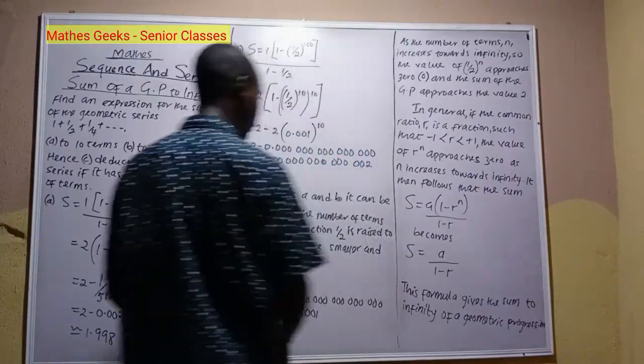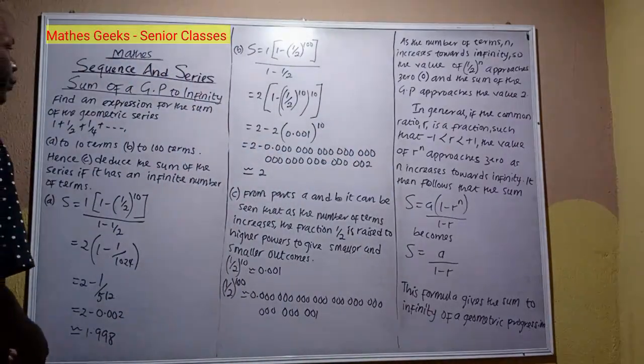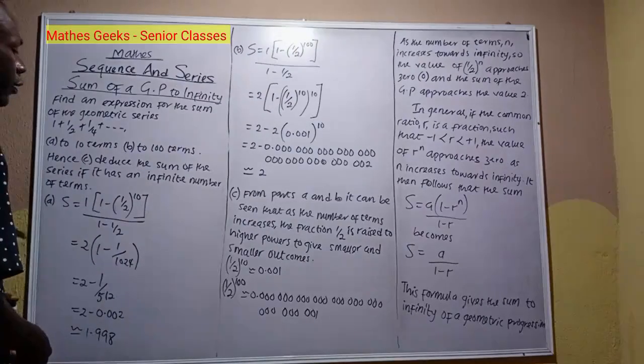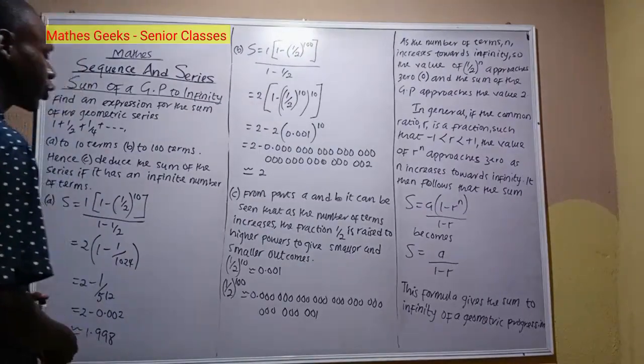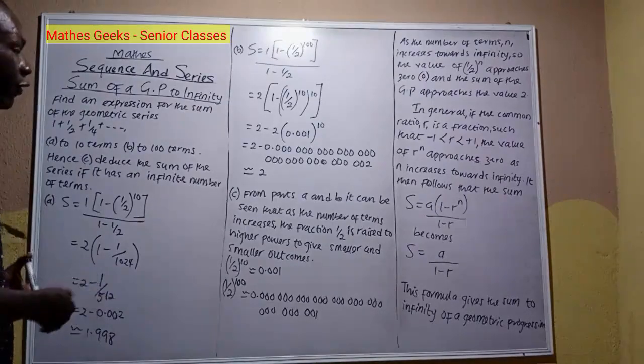So actually, when talking about sum to infinity, we're talking about the number of terms increasing, getting higher, but the common ratio gets smaller and smaller and keeps approaching, or is being limited to, a particular value.